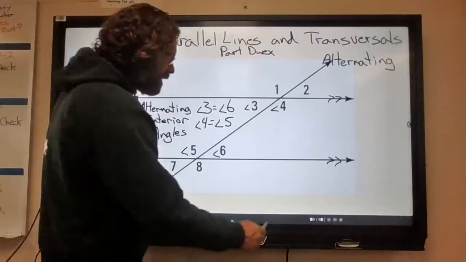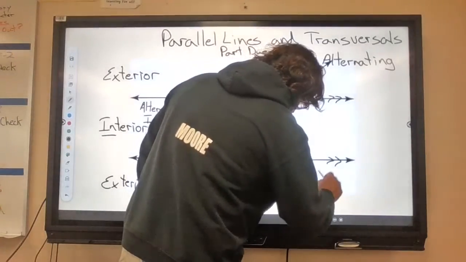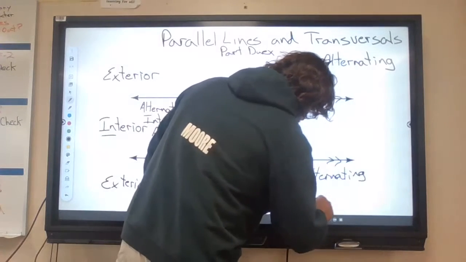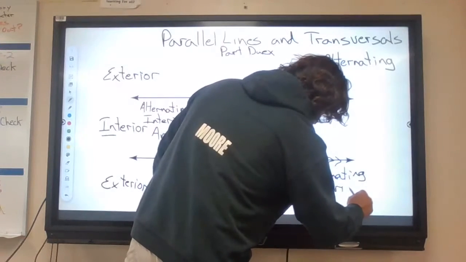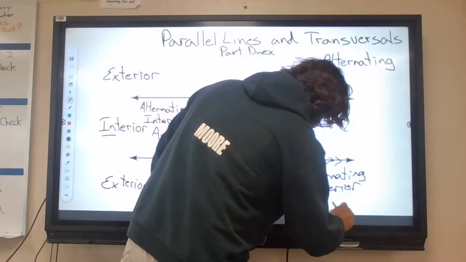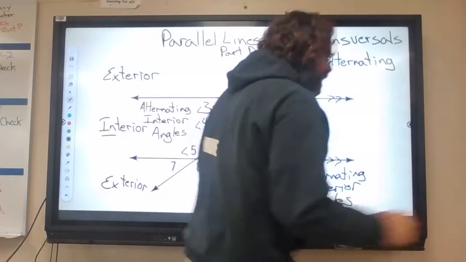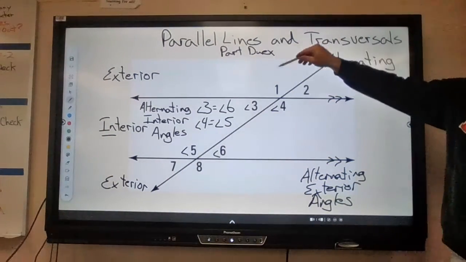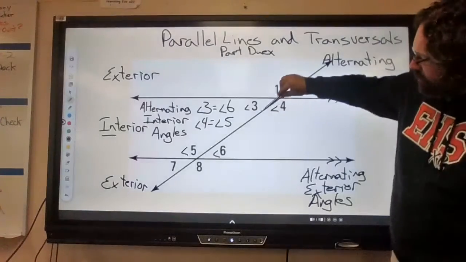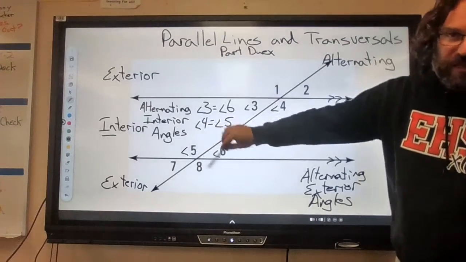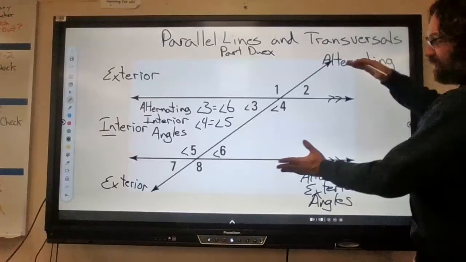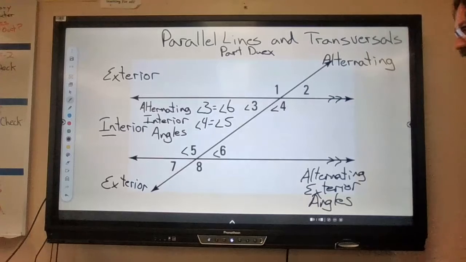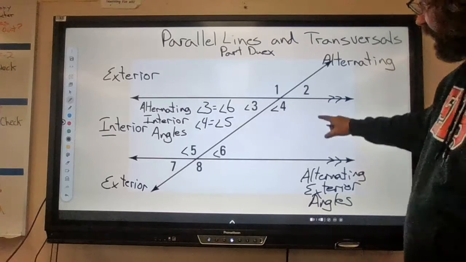So let's look at alternating exterior angles. Again, we're saying alternating, meaning back and forth across the transversal. The transversal is this line coming through, and it's only talking about angles on the outside. So I need alternating.